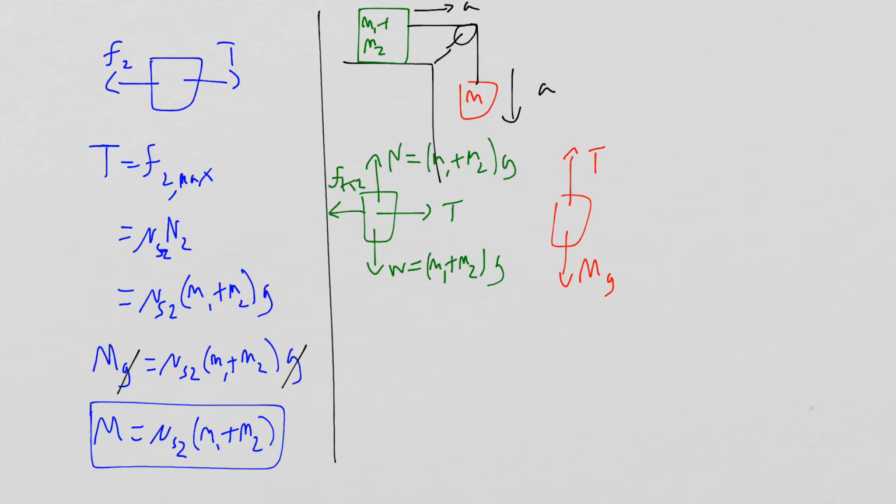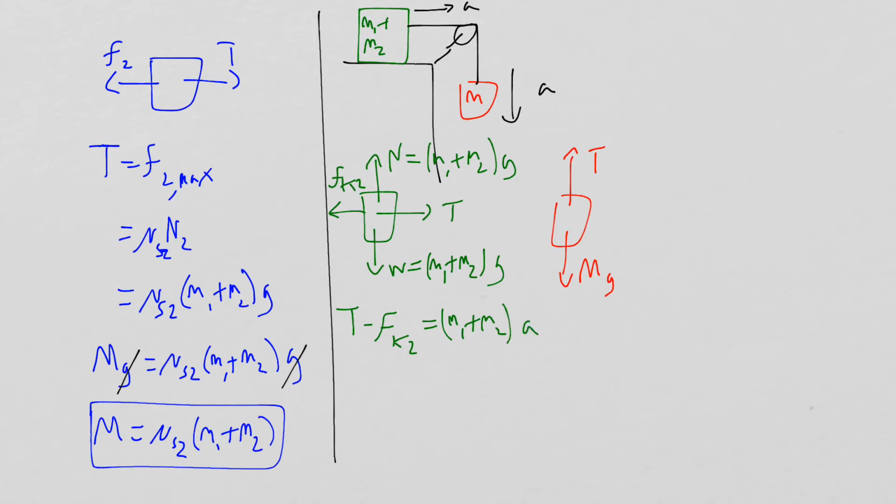So all we've done is the free body diagram. We haven't done the math yet. So now we want to write Newton's laws and solve the system, right? Because we have two things we don't know. We don't know the acceleration and we don't know the tension. We're only asked for the acceleration. So for the green block, the combined mass, we have the tension, that's the direction of motion, so it's positive, minus the friction force that opposes it, equals the combined mass, that's the total amount of stuff that's moving, times a.